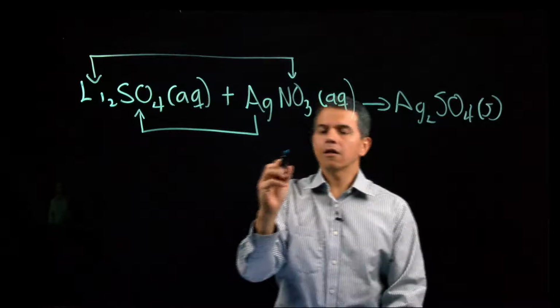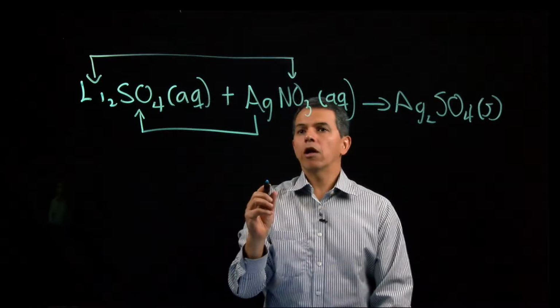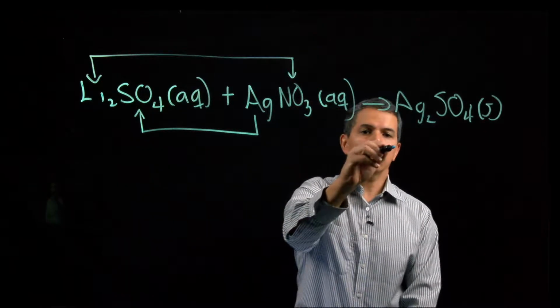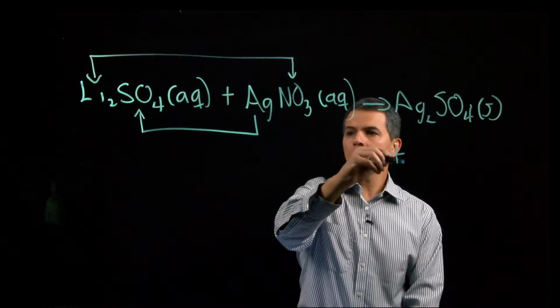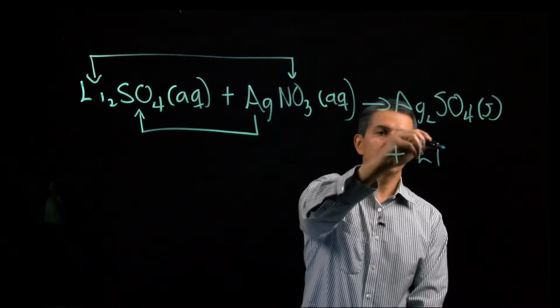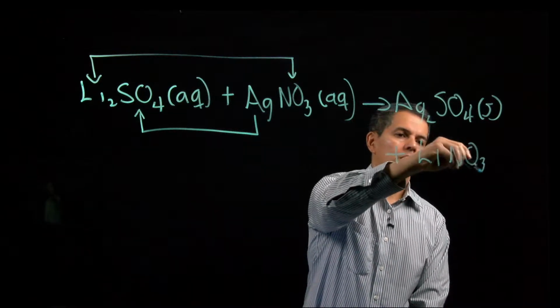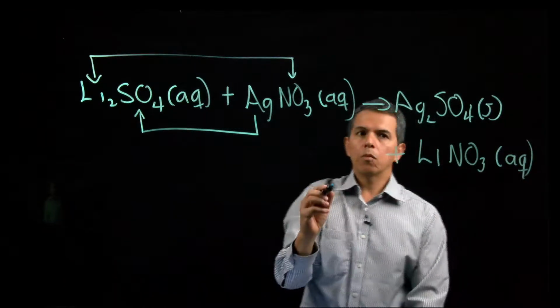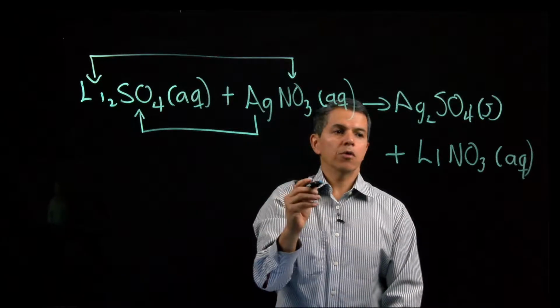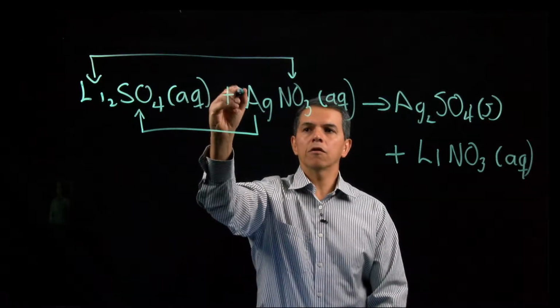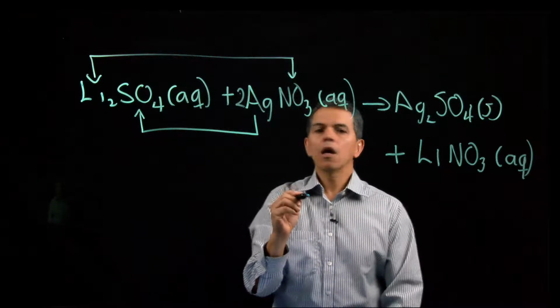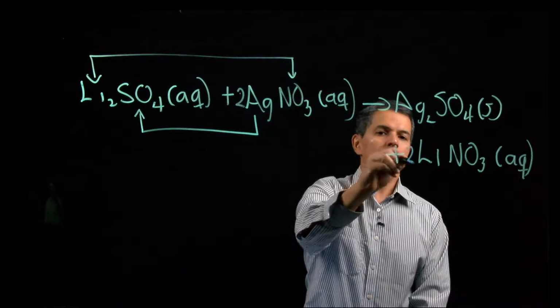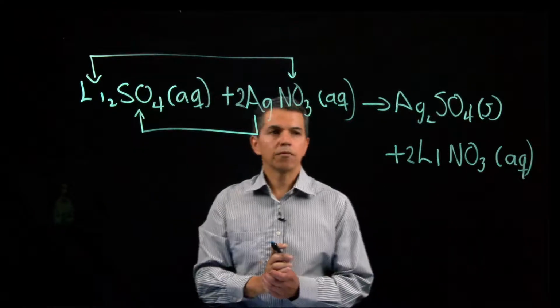And to complete the molecular equation, what we're going to have to write as the other product is lithium nitrate. We need to balance the equation, so we need to put here a coefficient of 2 in front of silver nitrate and a coefficient of 2 in front of lithium nitrate.